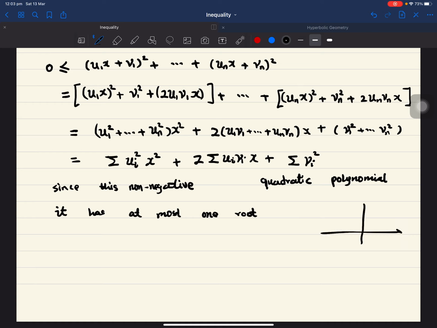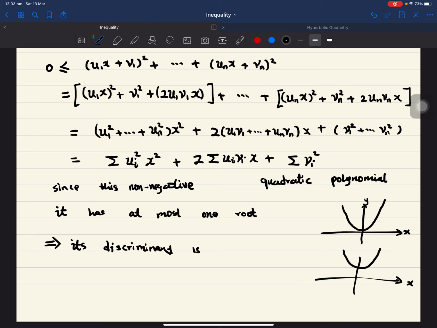For example, it could be the case of just touching the x-axis, or it is completely above the x-axis. So we have at most one root. So that means its discriminant is less than or equal to 0.